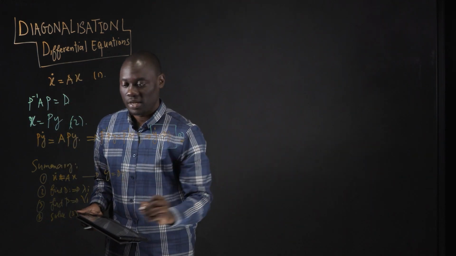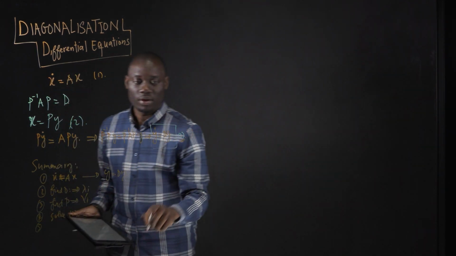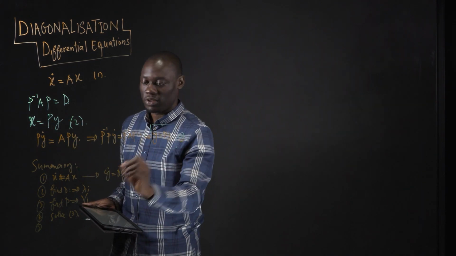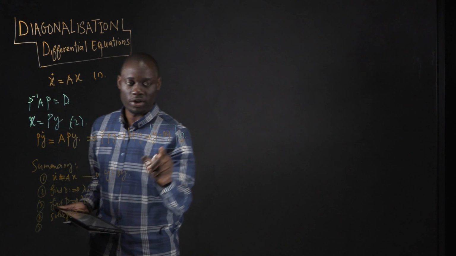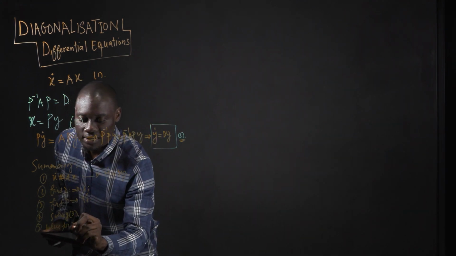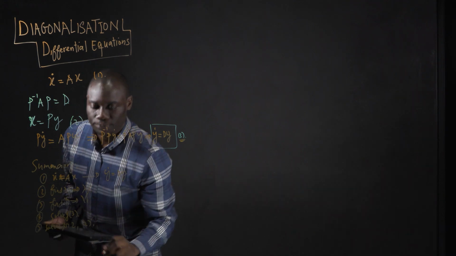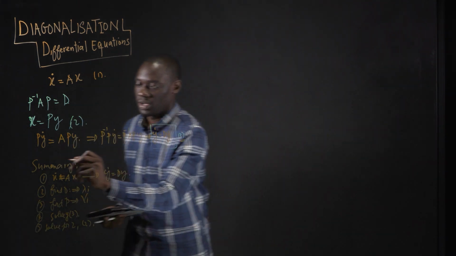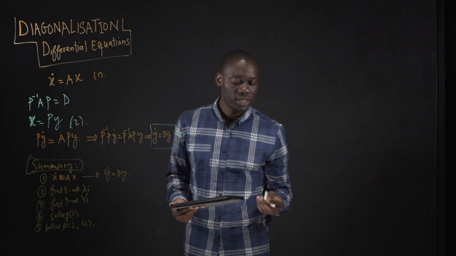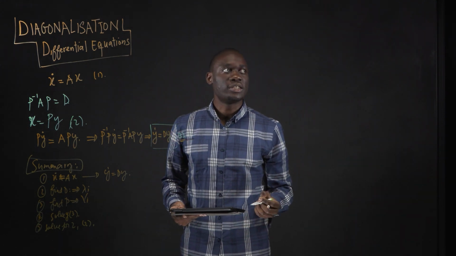And then the fifth step, once you have y from equation 3, you can finally solve for x in equation 2. That's a summary of how you can solve the first order ODE using the principle of diagonalization.